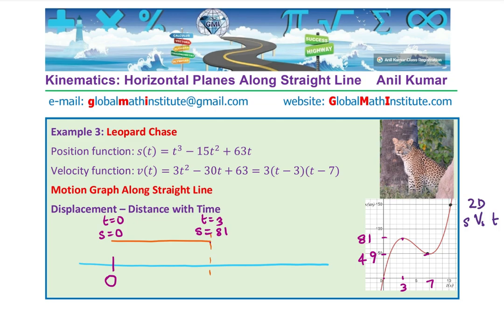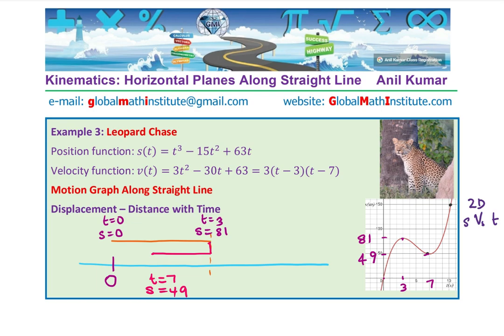Let's use a different color. Up to here. So that position is at t equals 7 and the displacement is 49. Is that clear to you? Now at 7 it again turns.